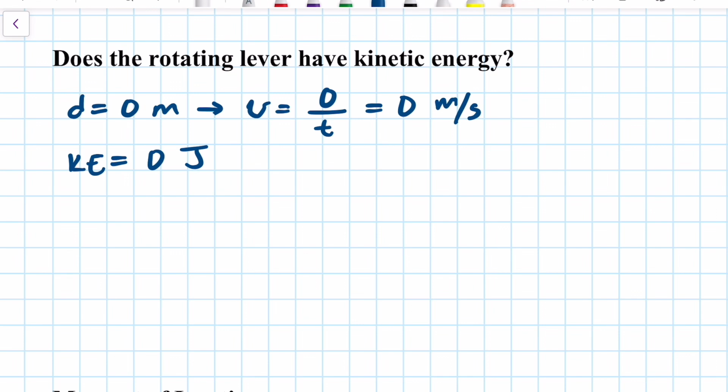Now, we have reached that point in physics where we have to define what type of kinetic energy. Not only what type of energy, but what type of kinetic energy. Because although this is not moving linearly, this is rotating, okay? So this 0 is correct, but only for translational motion.